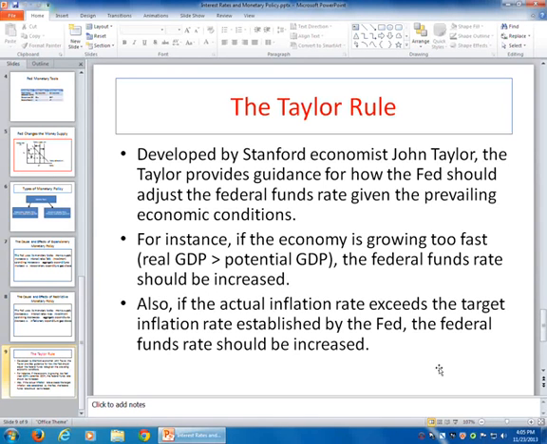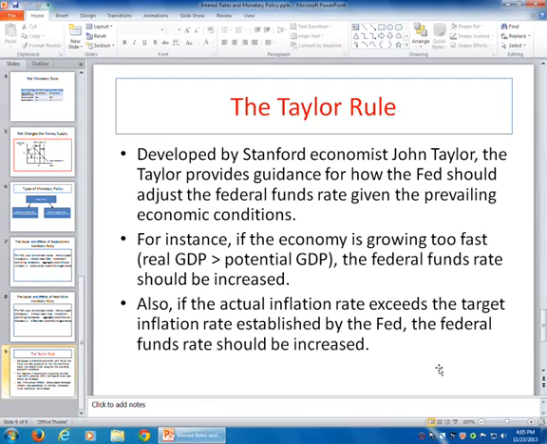And if you raise the federal funds rate, that will help cool down inflationary pressure. And so the Taylor Rule gives guidelines about how much to increase the federal funds rate when the economy is growing too fast, and how much to increase it when inflation is above a target level set by the Fed.